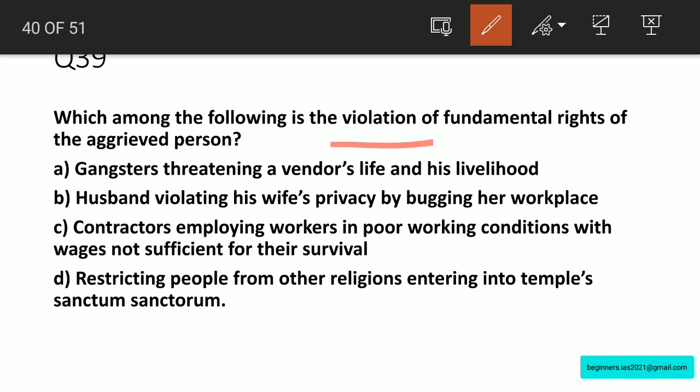One has to know that restricting people from entering the sanctum sanctorum does not violate the freedom of practice guaranteed under Article 25. Even in a mass, during prayer hours, people of other religions are not allowed. And many people work for less than minimum wages, violating Article 23, as it amounts to slavery.